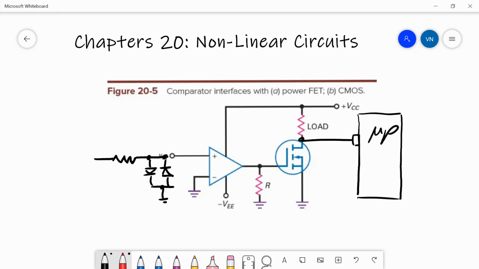So this idea of taking a large input swing, let's say 120 volts AC RMS, and reducing it down to a 0 to 5 volt pulse that can be accepted by a microprocessor, this seems like something we would want to do a lot, and that there would be custom built parts for this purpose. And there is.